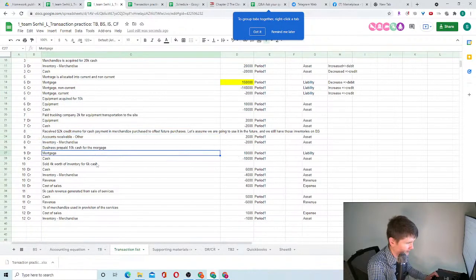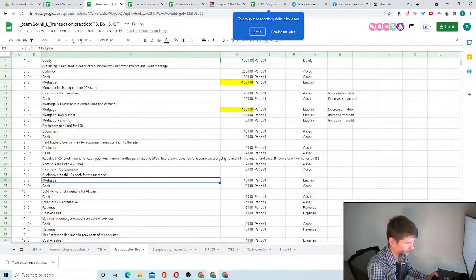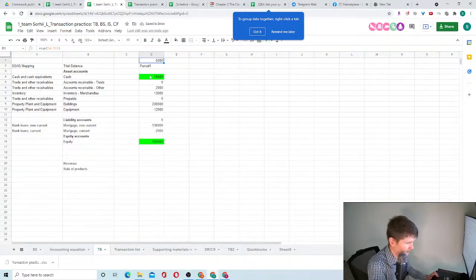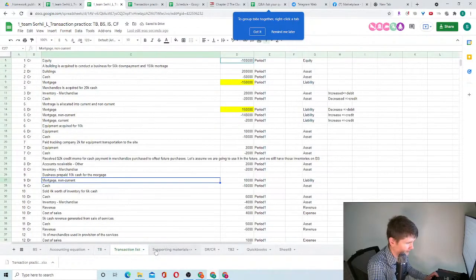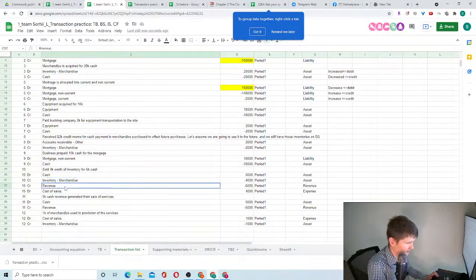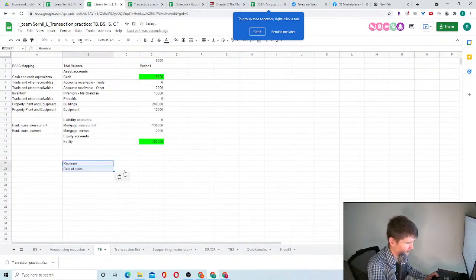Okay, we got mortgage again, which we agreed to use. Let's say we settled the non-current part of the mortgage, 6,000, but with the other side. Cash, inventory, merchandise, already there. Revenue, cost of sales.